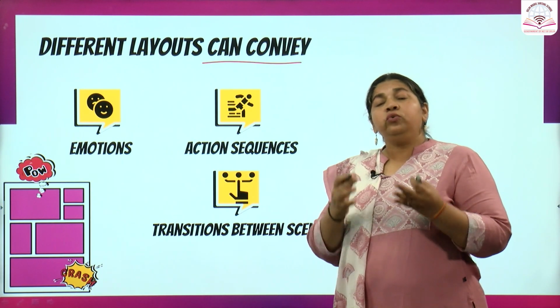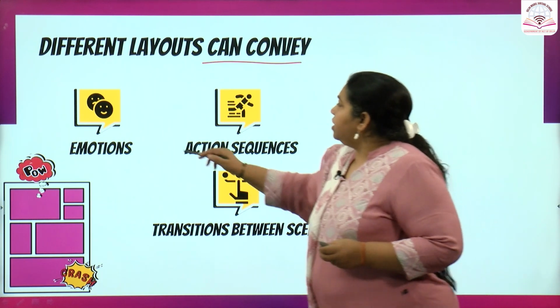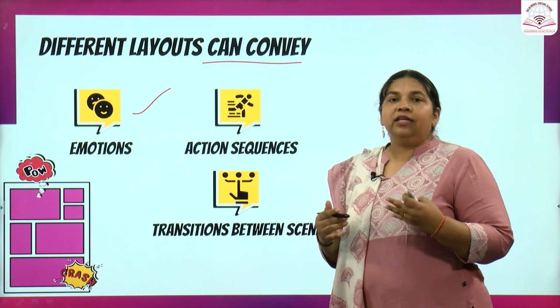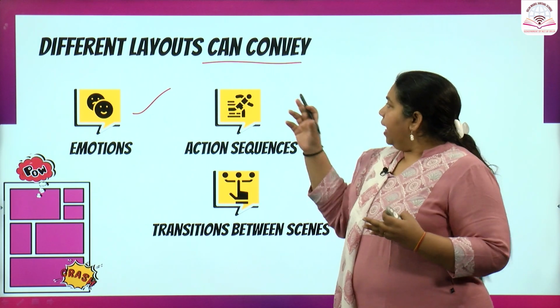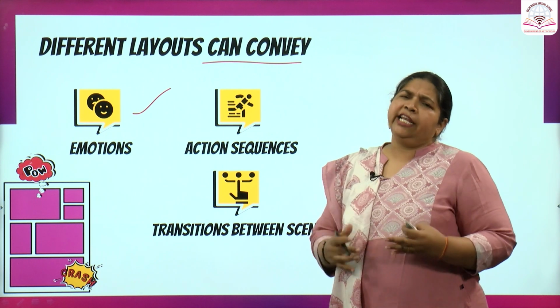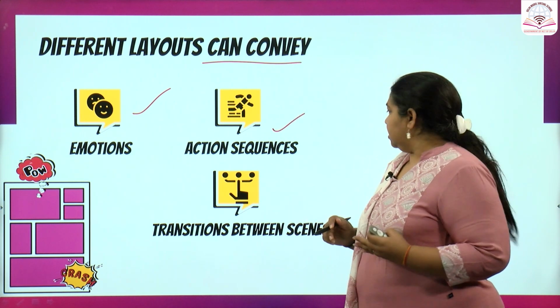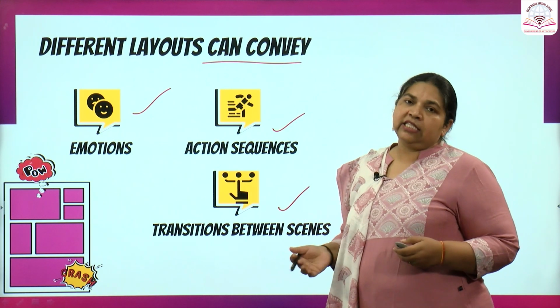And why do we use different layouts in a particular comic? First, they convey emotions. The reader gets emotional while reading the comics, and the layout helps the reader. The next is action sequence, and the next is transition between scenes.